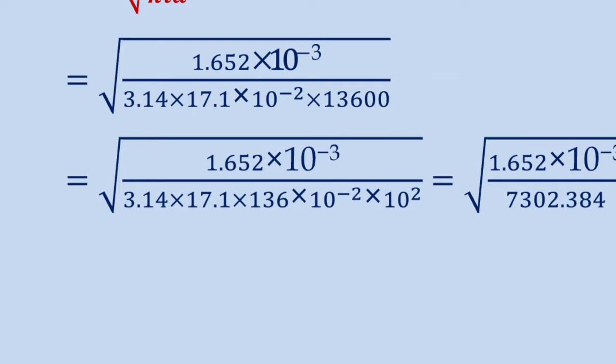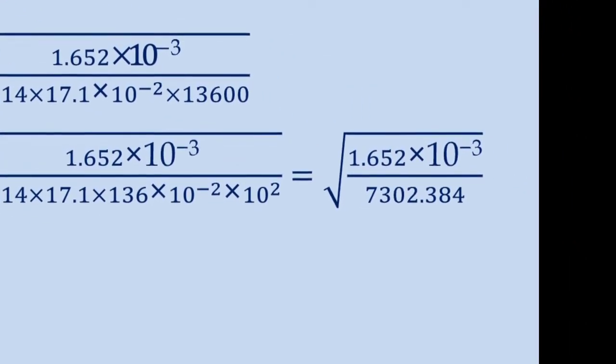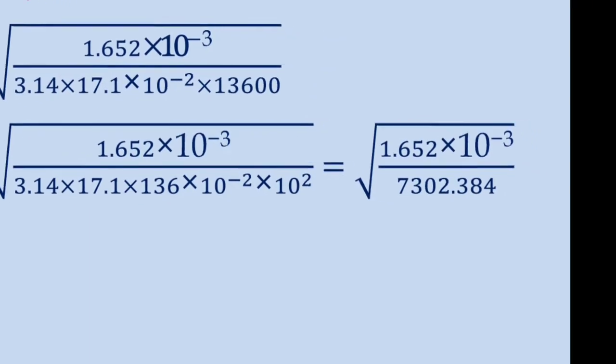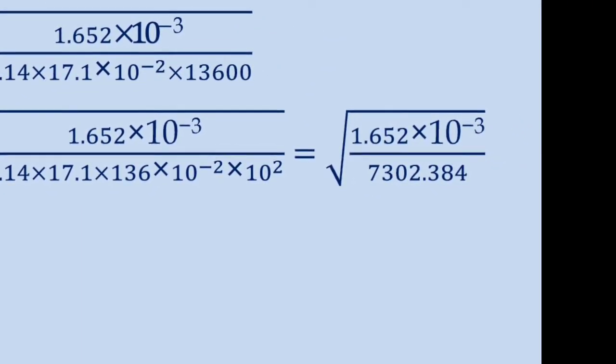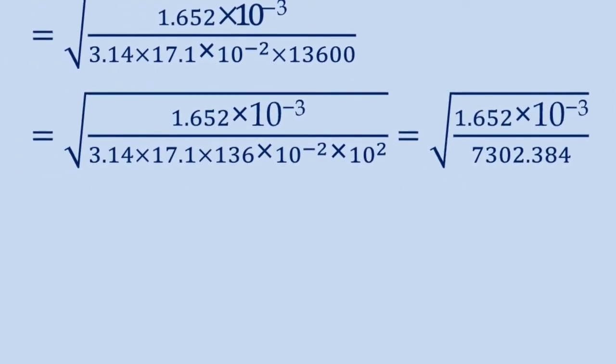In the next step we have written M as such, that is 1.652 into 10 power minus 3 divided by 3.14 into 17.1. This 13,600 has been written as 136 into 10 power 2. Already in l we have 10 power minus 2, and this is 10 power plus 2, so 10 power minus 2 and 10 power plus 2 will get cancelled. We are left with the square root of everything, that is root of 1.652 into 10 power minus 3.